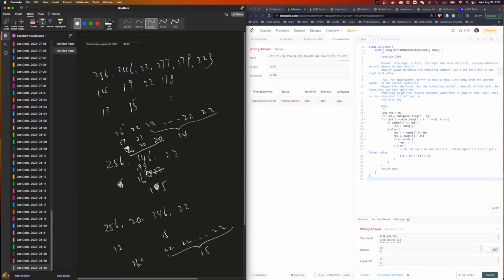Now we want this to be 22, but it's not possible because we're 6 short, right? But what we can do is move a value to this. We can move it to 21.